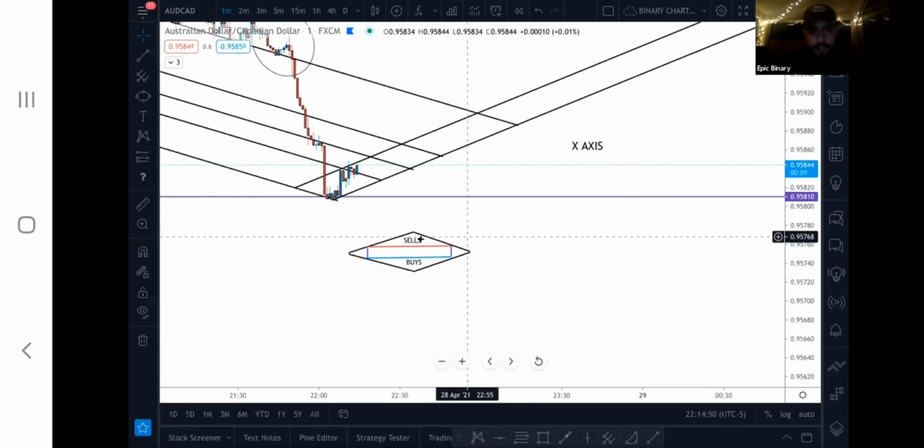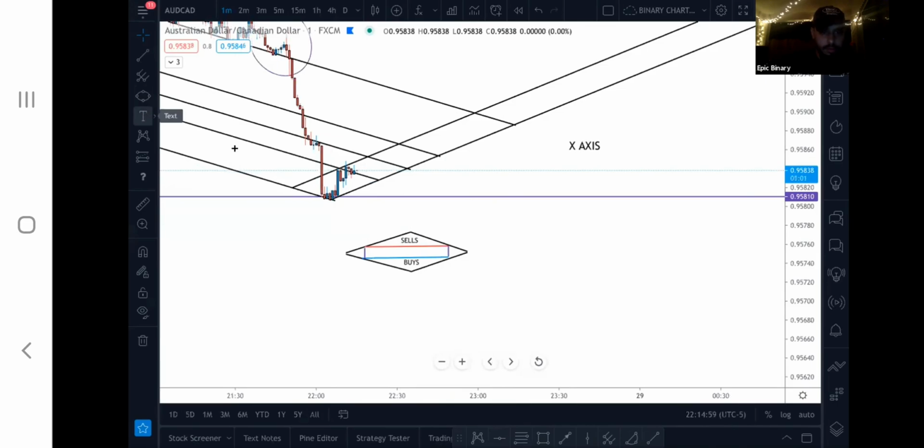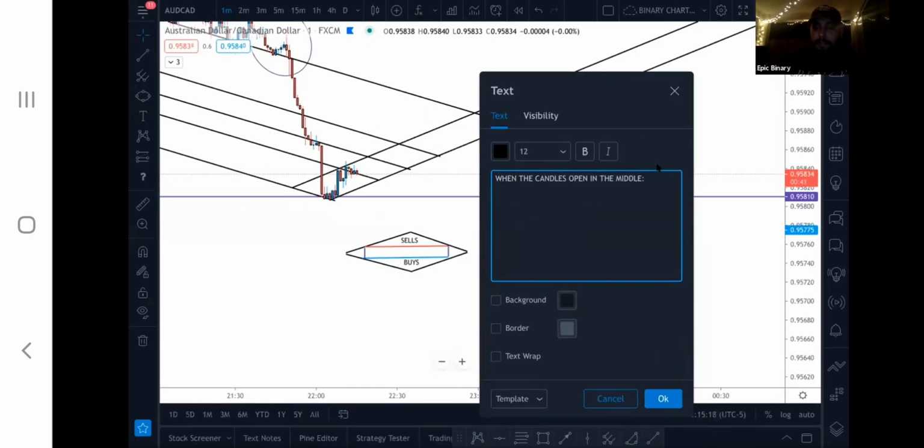When a candle opens in the middle, when candles open in the middle, so inside of our rectangular box, that means two things. It means a doji, or it means continuation.